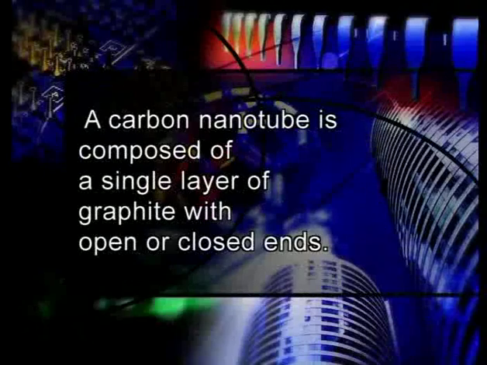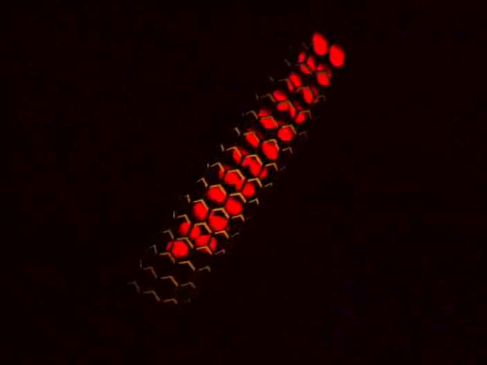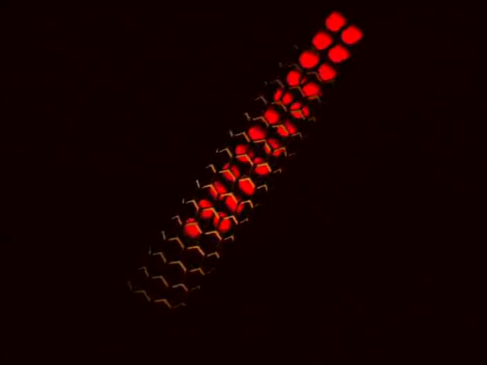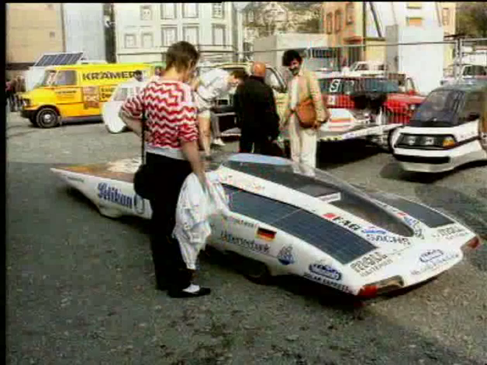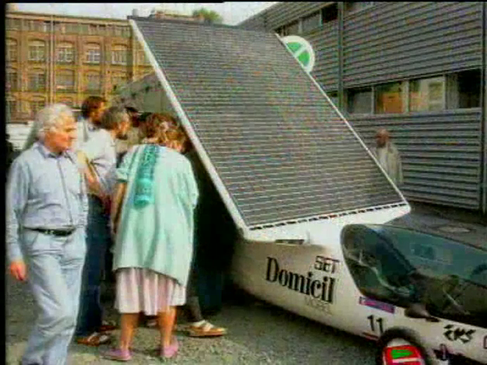A carbon nanotube is composed of a single layer of graphite with open or closed ends. In the future, efficient, high-power solar batteries can be developed with the aid of nanotubes and carbonic materials, presenting an excellent solution to the energy crisis. Now, why do we want to do nanotechnology work?